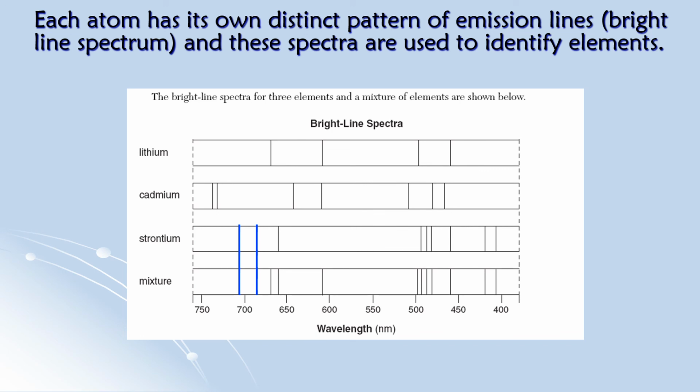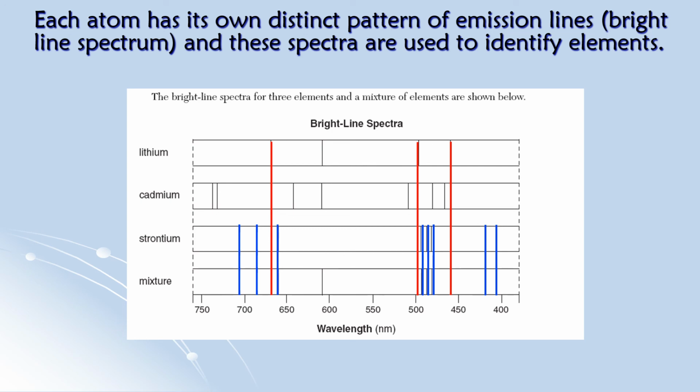The next line in my mixture is going to match up with lithium. Next is matching with strontium again. Then we are matching up with lithium again. I skipped one line in the middle, but that is also matching with lithium, and just a little bit with cadmium. Then we have these three lines matching up with strontium, another line matching with lithium, and two other lines matching with strontium.